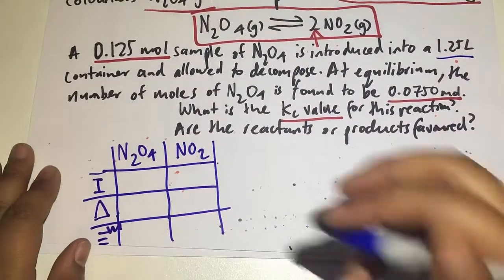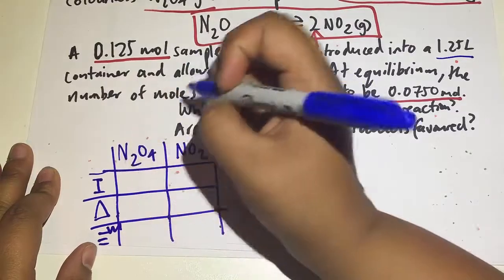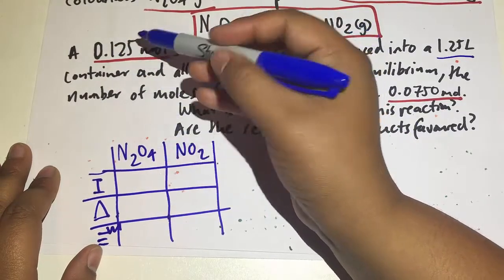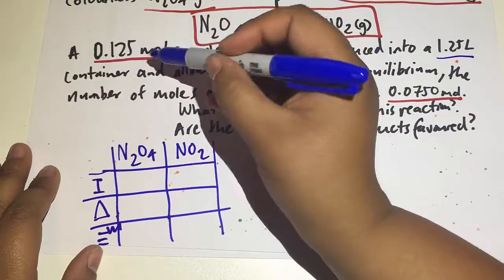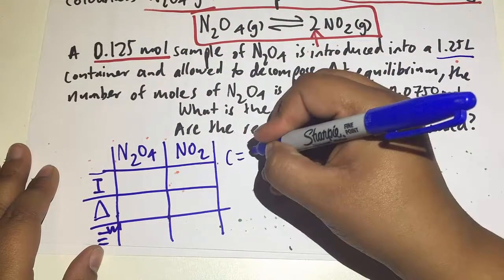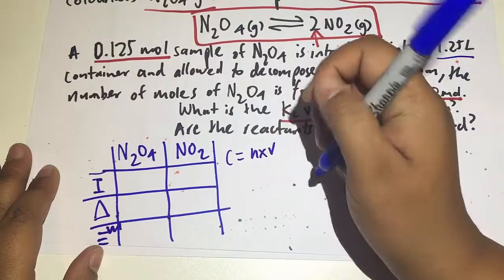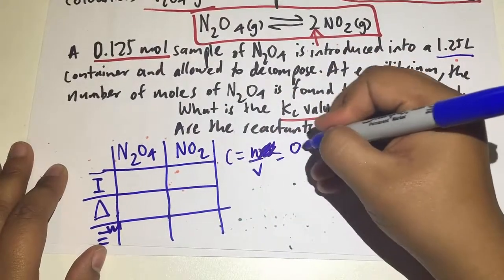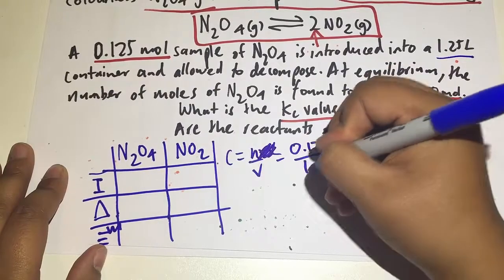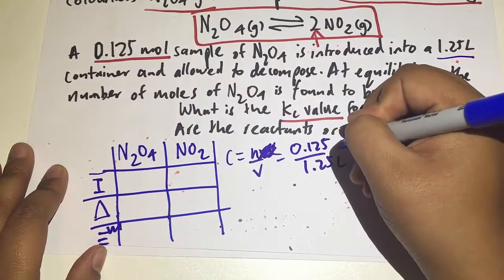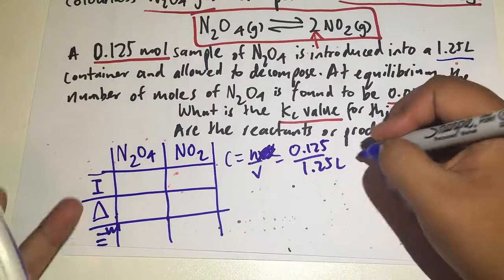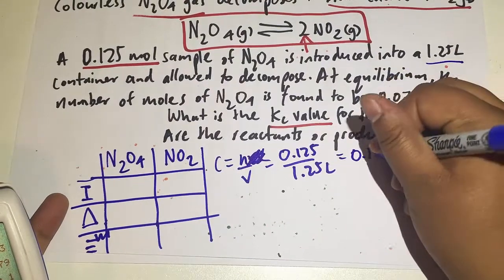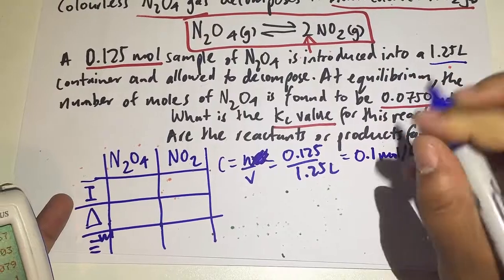So initially we had a certain concentration of N2O4, so because we were given it in moles first, I'm going to convert that into a concentration. So it's going to be 0.125 divided by 1.25 litres. That is 0.1 moles per litre.